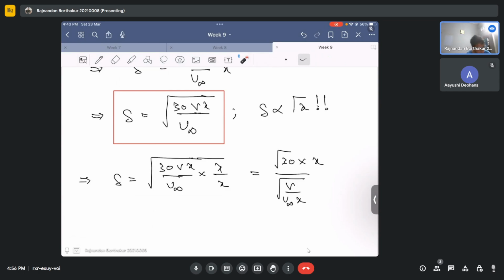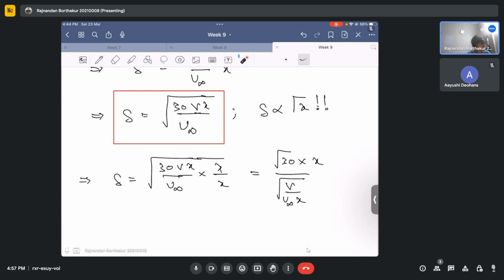I think the math is correct, so let me check. These two x I'll bring outside, and I'll take these two terms inside the square root. Okay, and that is correct. This is just nu by, yes, or it's wrong.